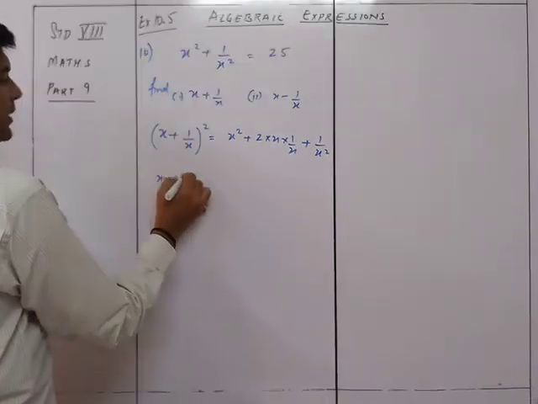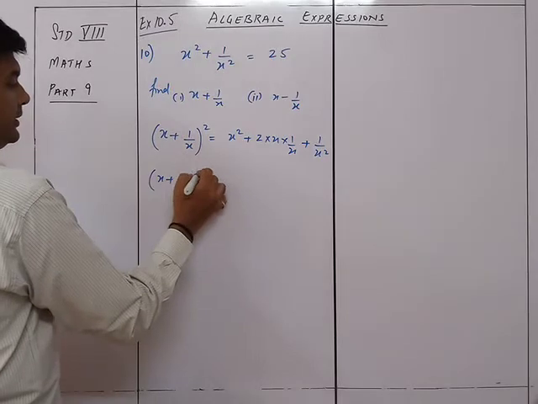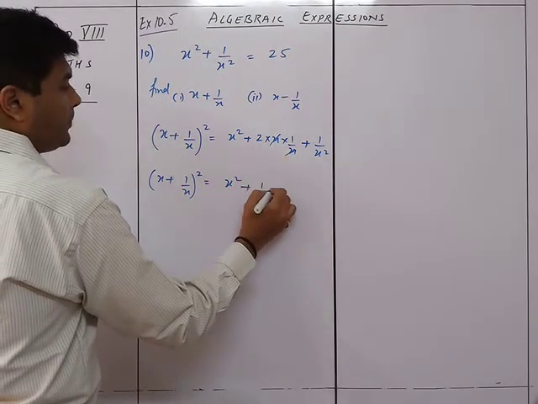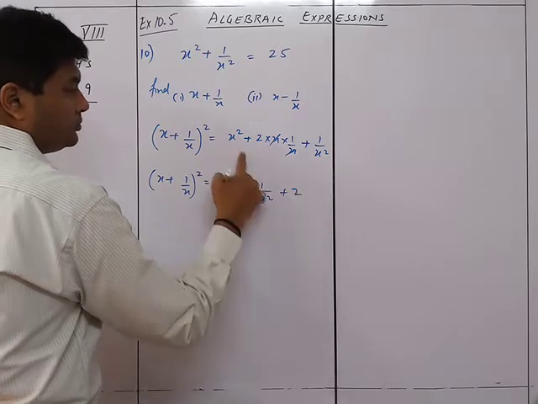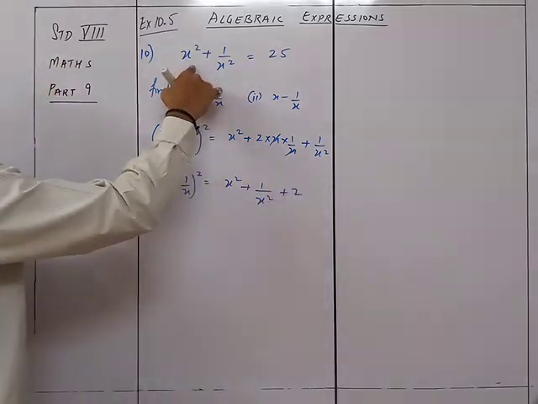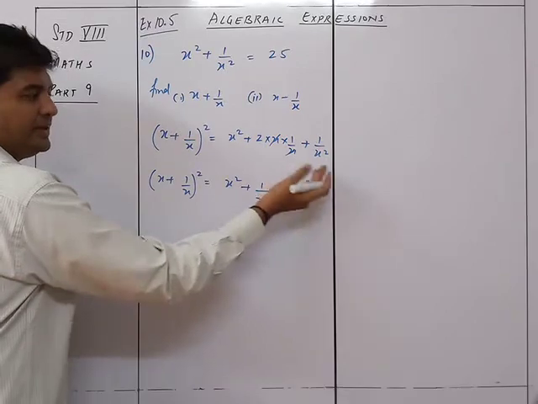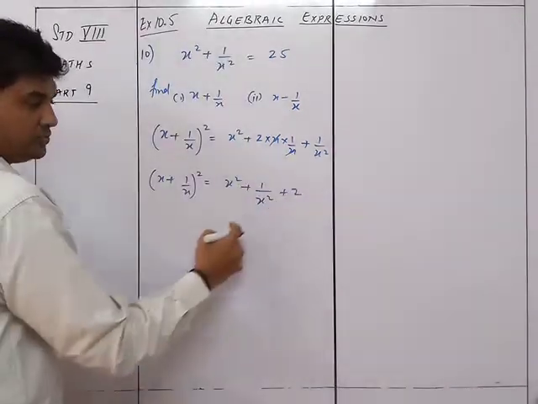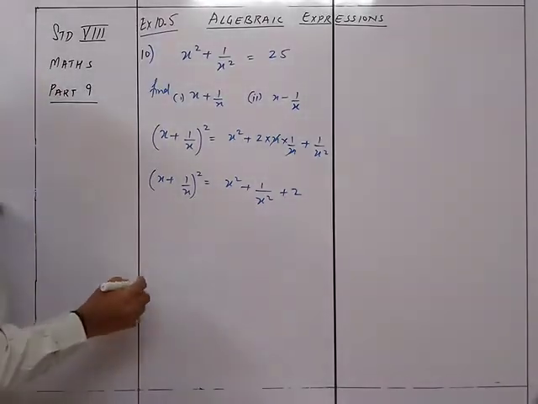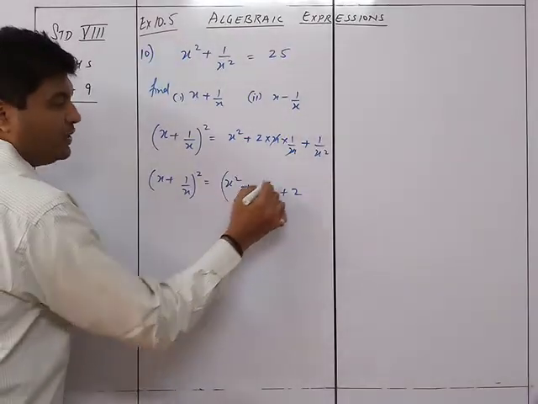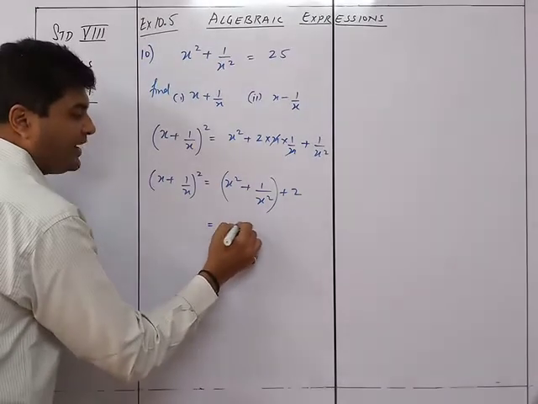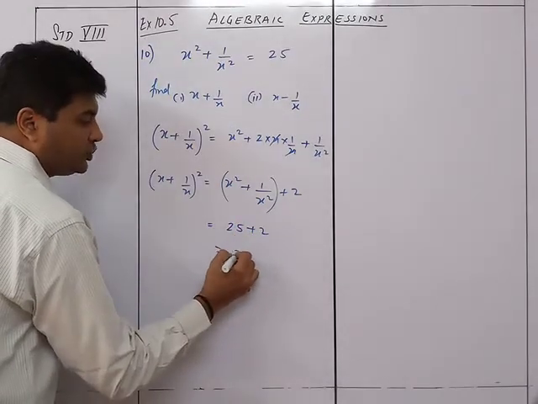So x plus 1 upon x the whole square is equal to x square plus 1 upon x square plus 2. See, because I have this value, that's why I took this together. It's the same thing. It is like a plus b plus c, a plus c plus b. It's the same thing. You know the value of this. What is that value? 25. So it is equal to 25 plus 2 is equal to 27.